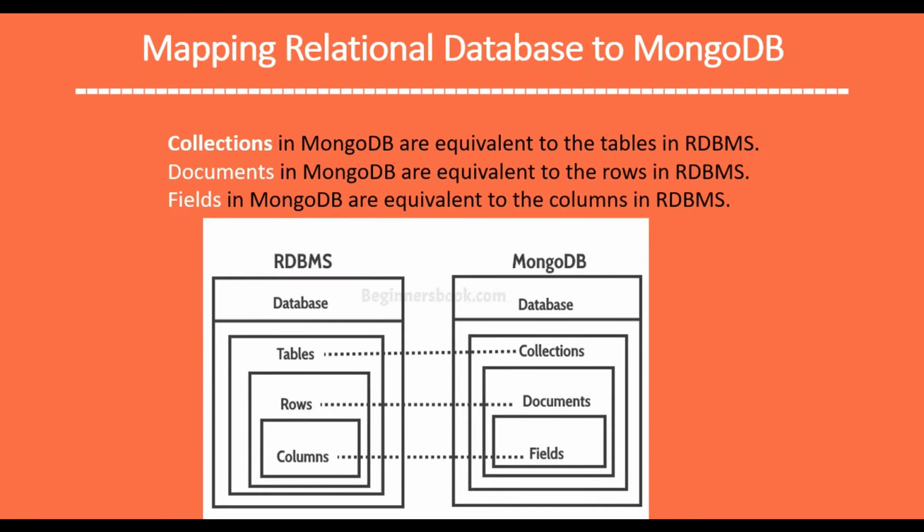Look at the diagram here. This is the convenient mapping between relational databases and MongoDB. Collections in MongoDB are equivalent to tables in an RDBMS, documents in MongoDB are equivalent to rows in an RDBMS, and fields in MongoDB are equivalent to columns in an RDBMS.